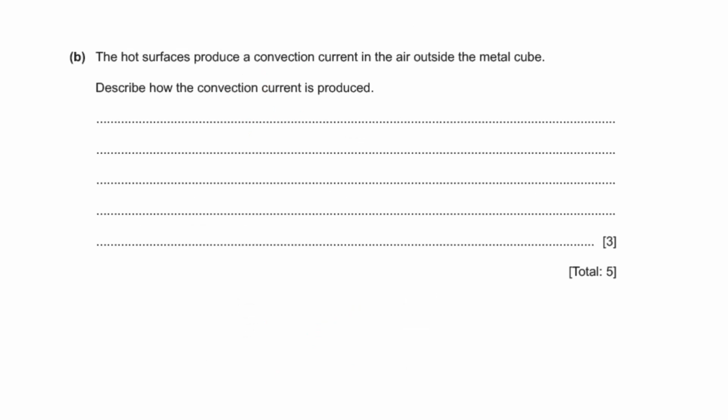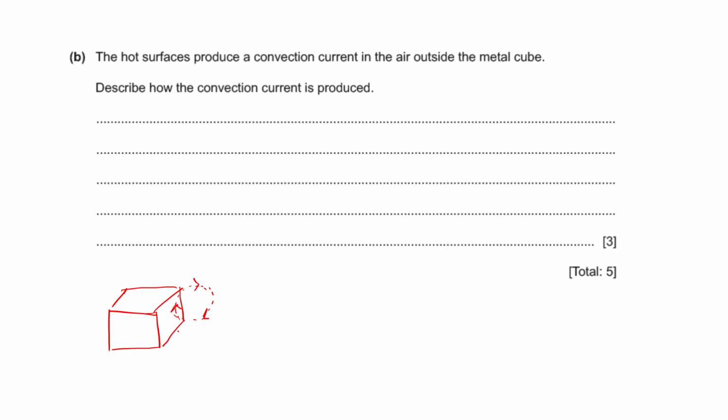Next part. The hot surfaces produce a convection current in the air outside the metal cube. Describe how the convection current is produced. So, for example, this is your cube, and say this is the air around the cube, and the convection current would be something like this. What happens?